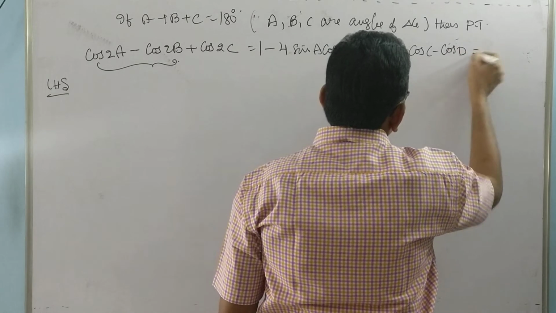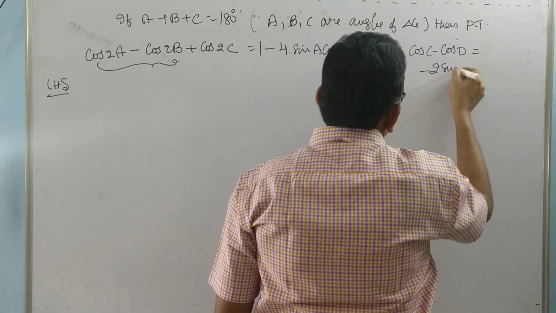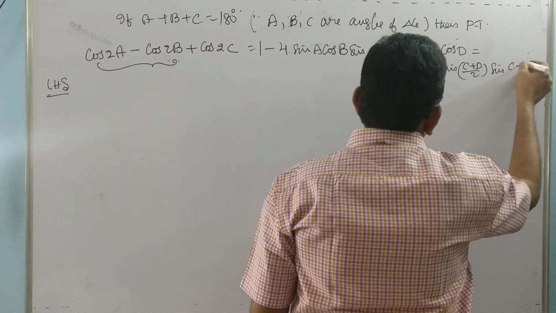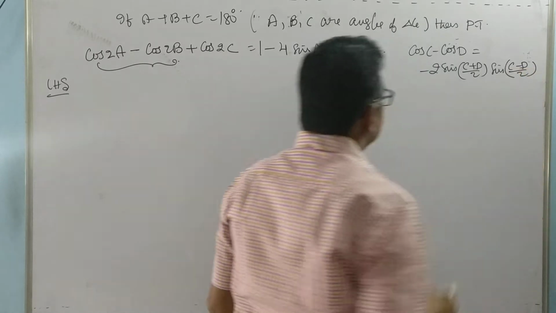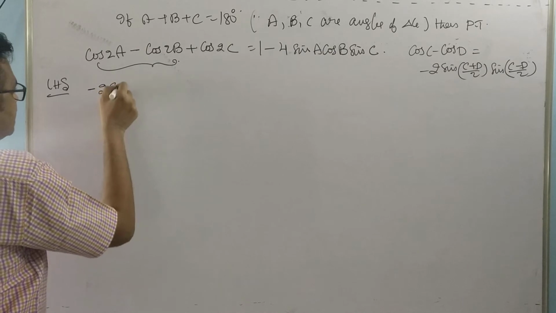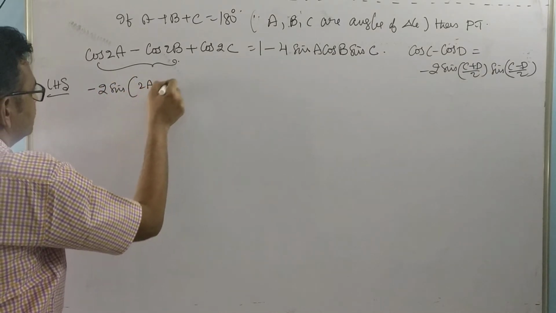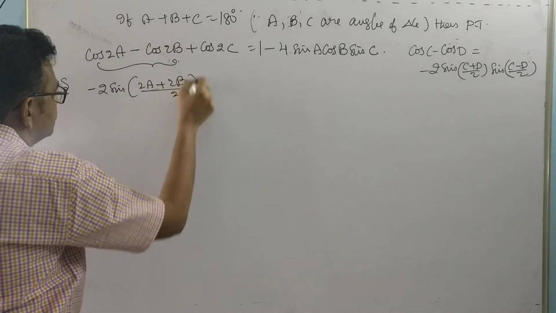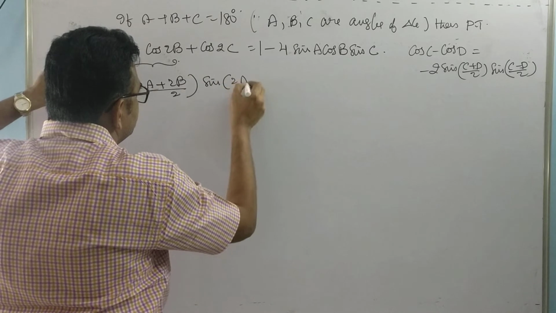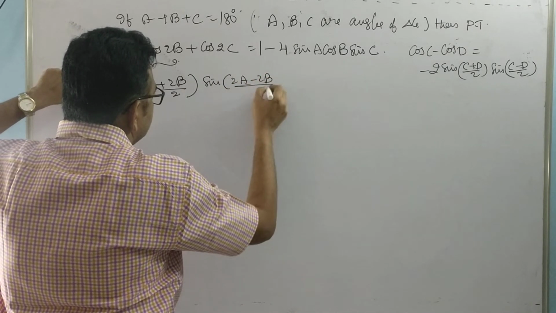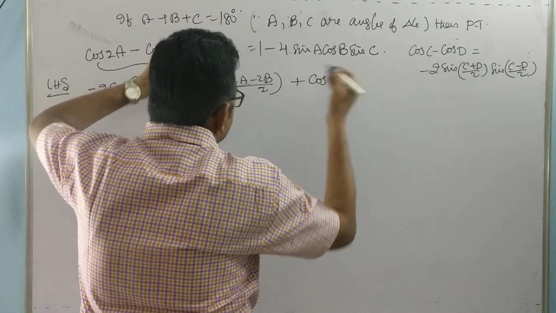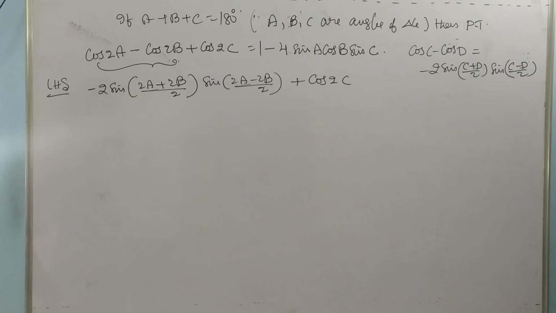Cos C minus cos D is equal to minus 2 sin of (C plus D) by 2 into sin of (C minus D) by 2. So this is the formula for cos C minus cos D. So this is minus 2 sin of (2A plus 2B) by 2 into sin of (2A minus 2B) by 2, plus cos 2C.